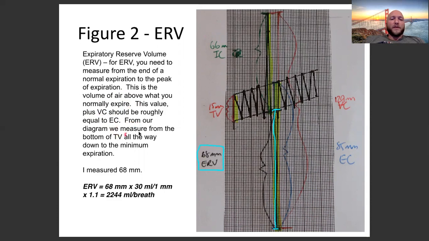From our diagram, we measure from the bottom of tidal volume all the way down to the minimum expiration. So we start right here. We measure all the way down. So expiratory reserve volume, 68 boxes times 30 times 1.1 gives us 2,244.